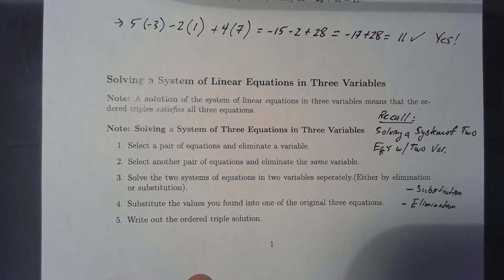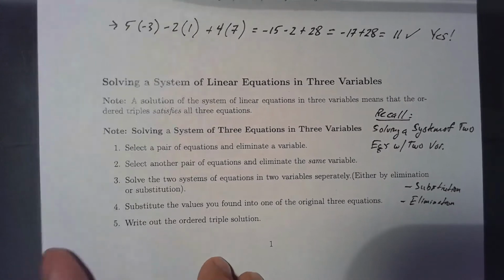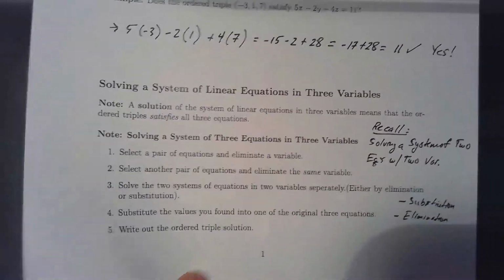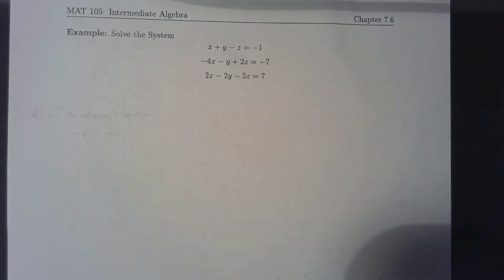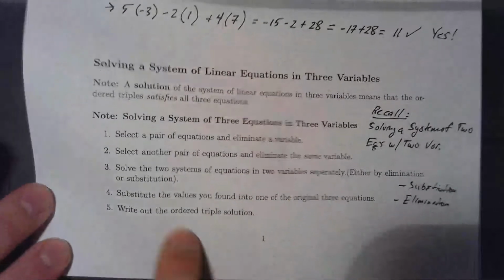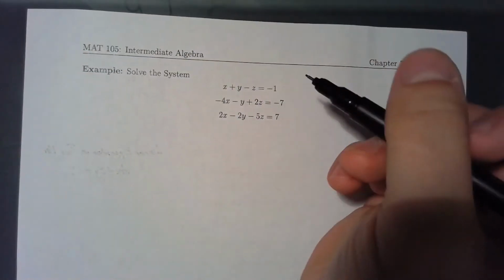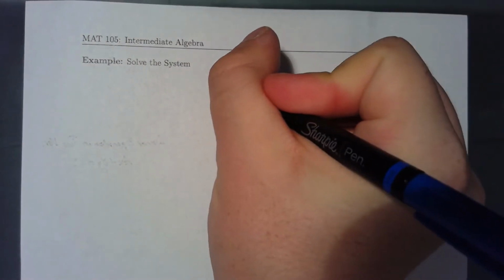What I'm going to do is follow that process for this example here. I want to solve this system of equations. All I'm doing is following this process right here. Just to keep track of my equations, I'm going to label each equation with a number.